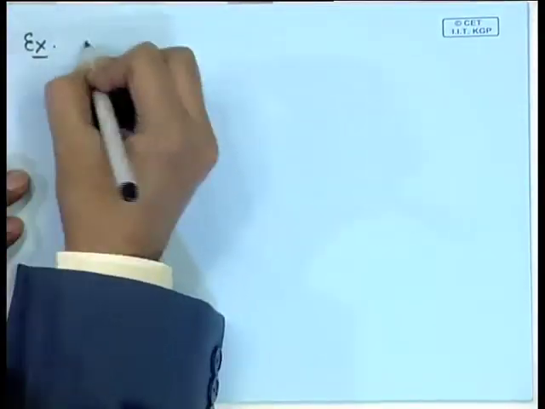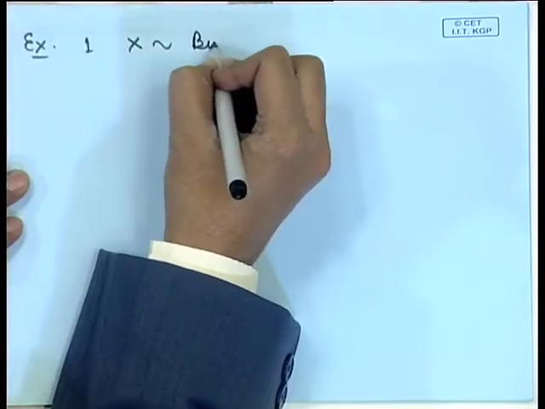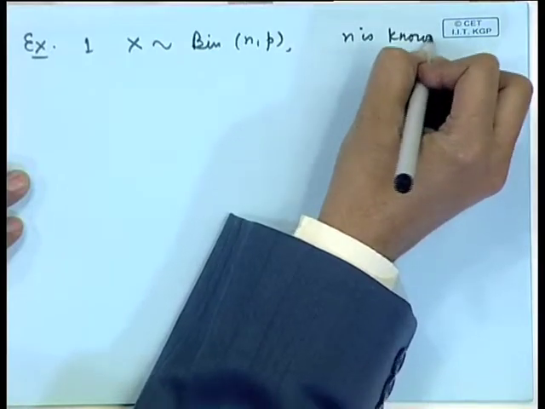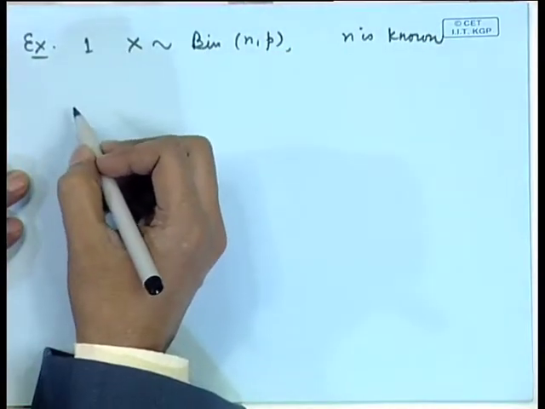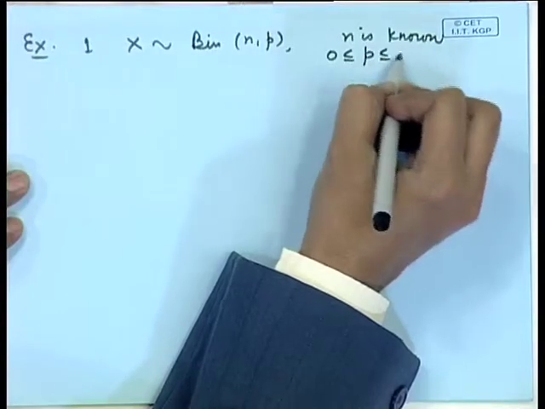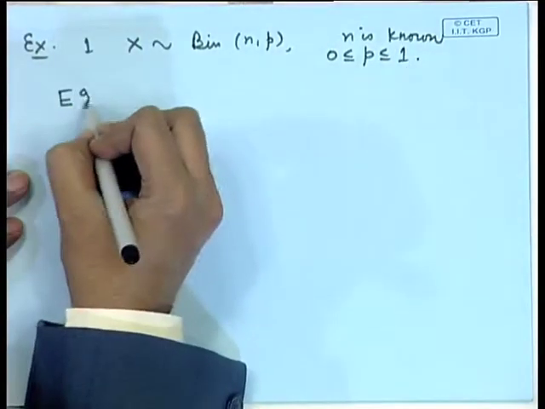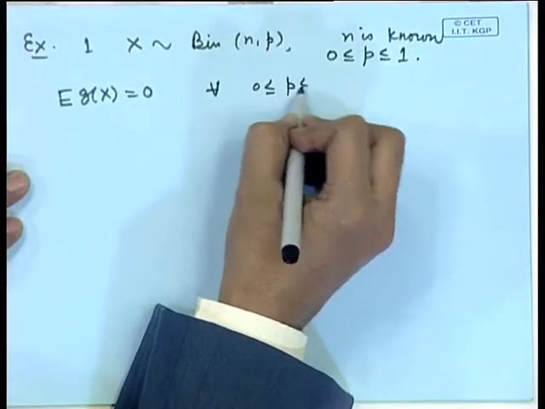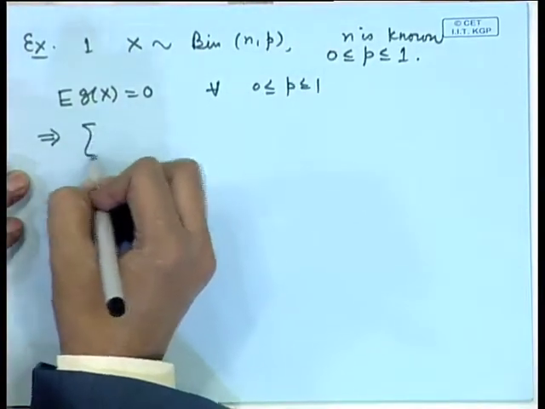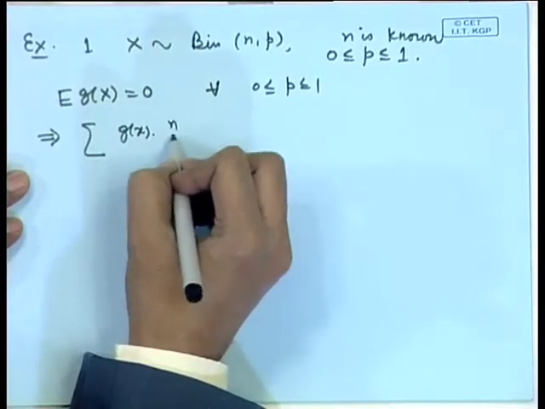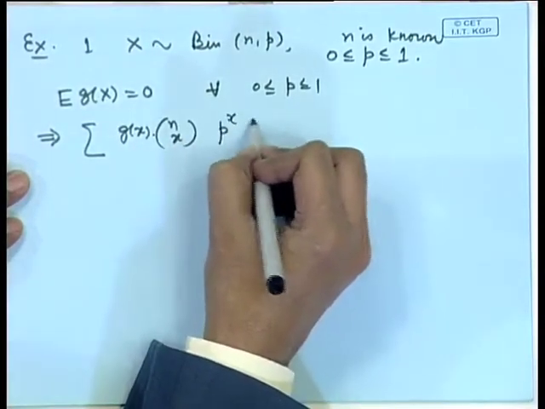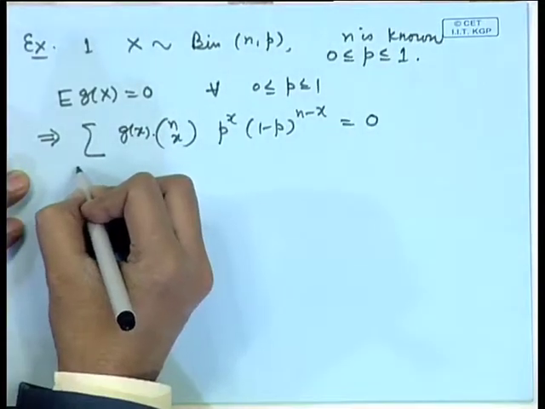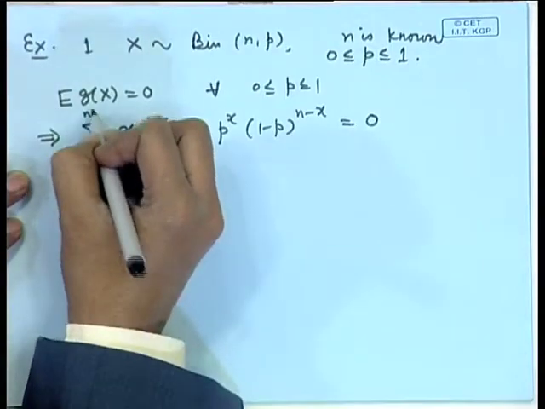So, let us take, say, X follows binomial(n, p), where n is known and p is the parameter. Let us look at expectation of g(X) equal to 0. Now, this condition is equivalent to the sum of g(x) nCx p to the power x times 1 minus p to the power n minus x equal to 0, for x equal to 0 to n.